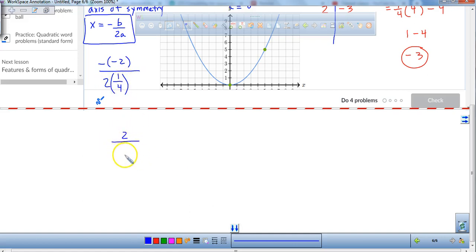And 2 times a fourth becomes a half. 2 times 1/4 is 2/4, and that reduces to 1/2. Now whenever you have a fraction in the denominator, all you have to do is multiply by its reciprocal. And so we get 2 times 2, which is 4, because this half cancels out this 2/1, and 2 times 2 is 4. Now what does that mean? That means our axis of symmetry is x equals 4.